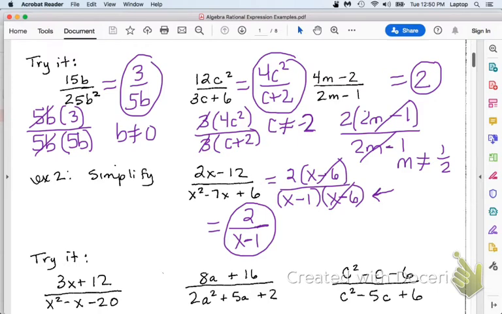So we're looking at the zero product property where either x minus 1 would be equal to 0 or x minus 6 would be equal to 0, and then that whole denominator would be equal to 0, and that needs to be excluded. So the values that are excluded are going to be x cannot equal 1 and x cannot equal 6. Those are the two excluded values that would make that denominator equal to 0.